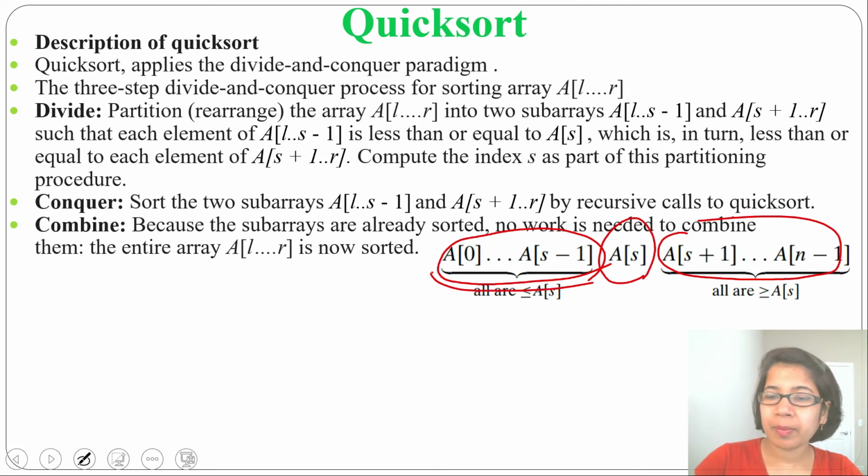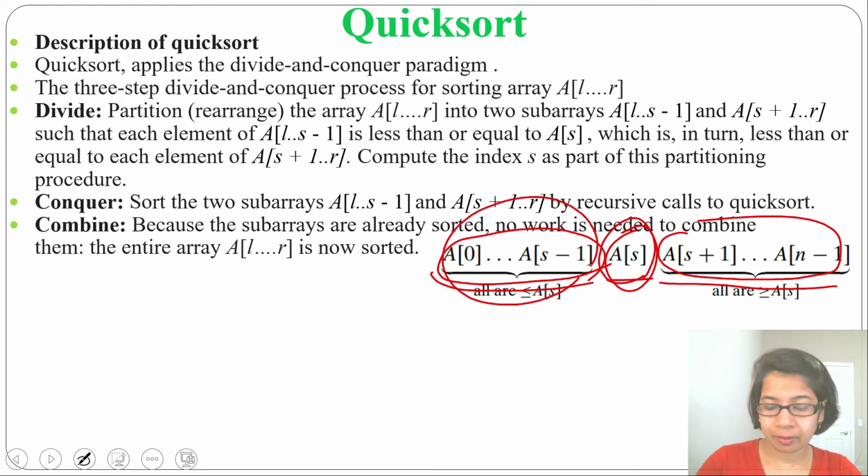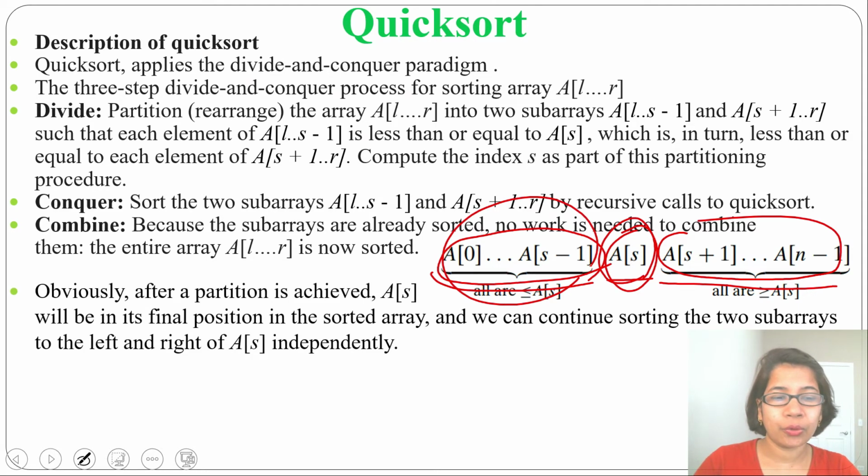So this left part is less than A of S and this right part is greater than A of S. Now this A of S is already sorted. Next we need to sort this left part and right part recursively by using quicksort.